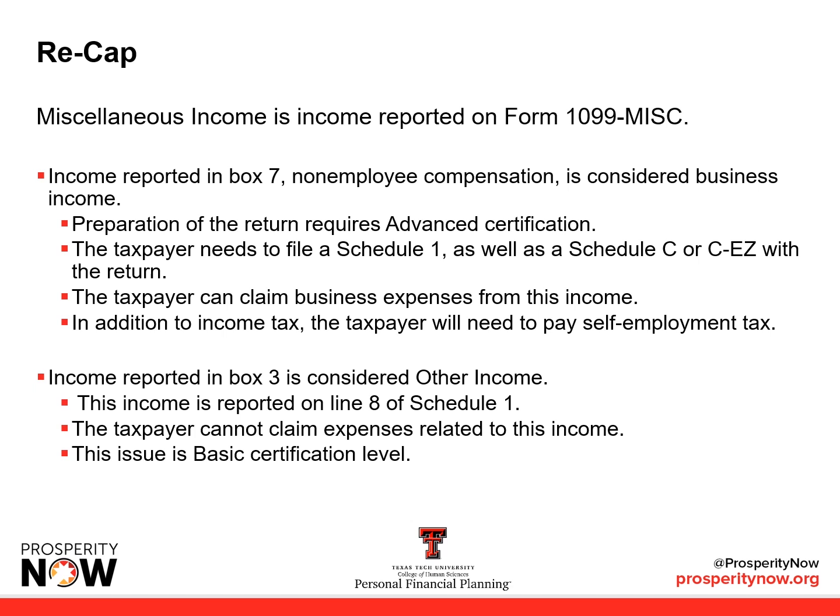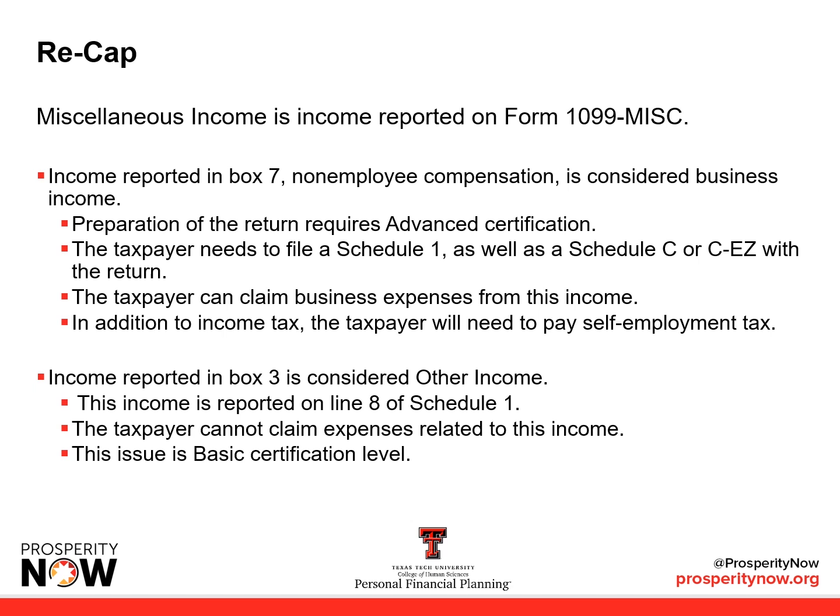Miscellaneous income is income reported on the Form 1099 Miscellaneous. The income you reported on Box 7, non-employee compensation, is considered business income. Preparation of these returns requires advanced level certification. A taxpayer needs to file a Schedule 1 as well as a Schedule C or CEZ with the return. The taxpayer can claim business expenses from this income.